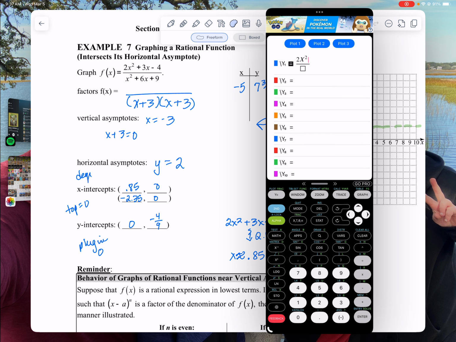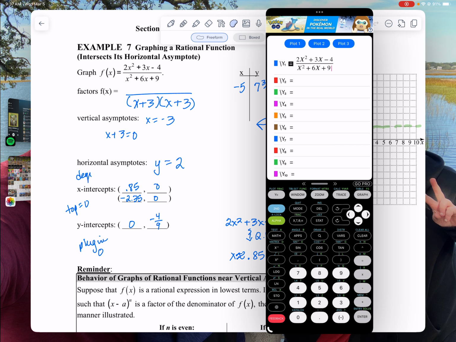Put your parentheses here, put a division sign, and start another parentheses. Then write x squared plus 6x plus 9, and close your parentheses if you don't have this function. Now we're going to graph it.